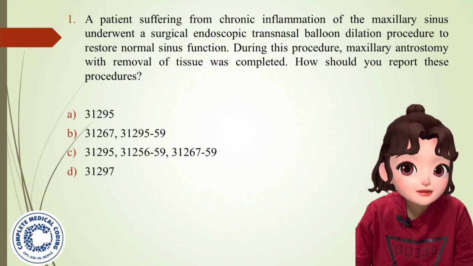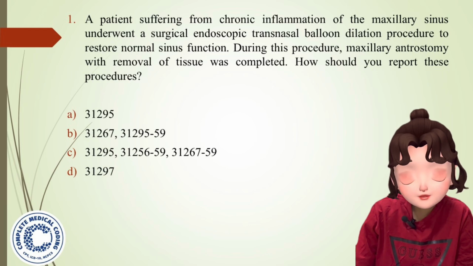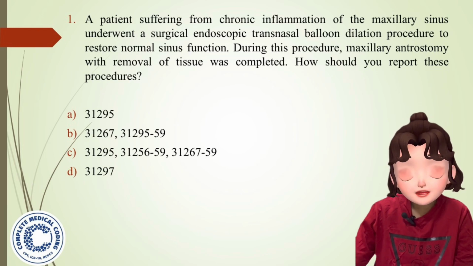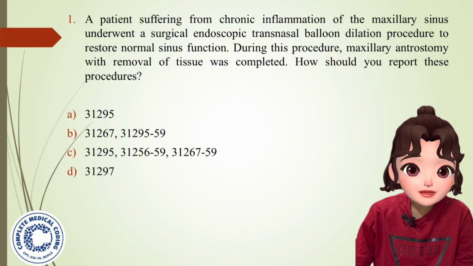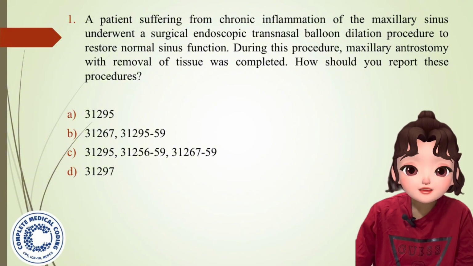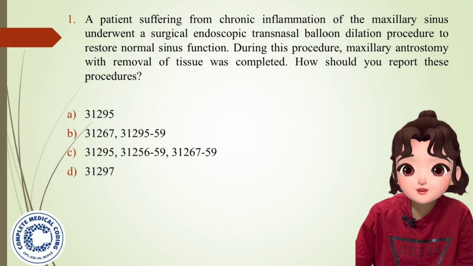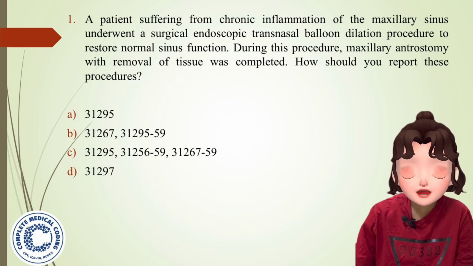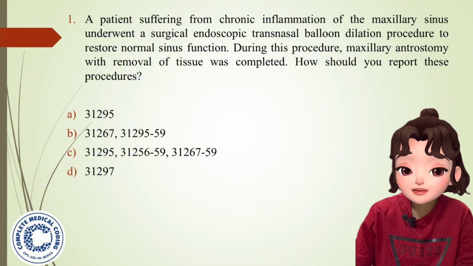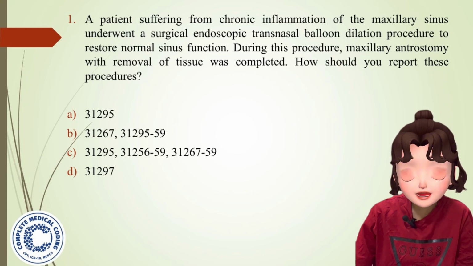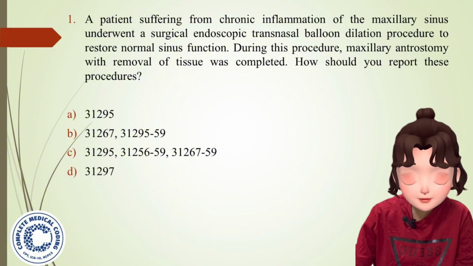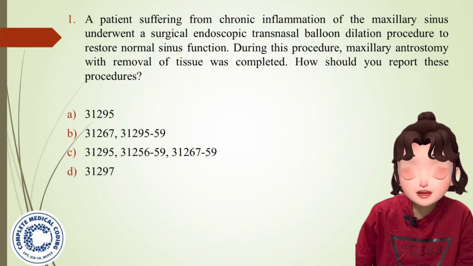Go and check again. What is 31295? Nasal endoscopy surgical with dilation of maxillary sinus ostium transnasal. But see below the CPT code 31295, there is something written in brackets. You have to be very careful with what is mentioned in the brackets, because that is also important. Do not report 31295 in conjunction with 31233, 31256, 31267 when performed on the ipsilateral side.